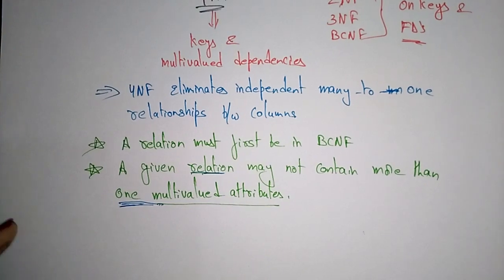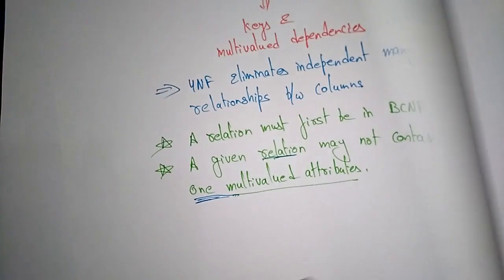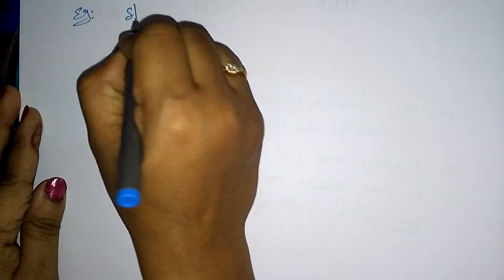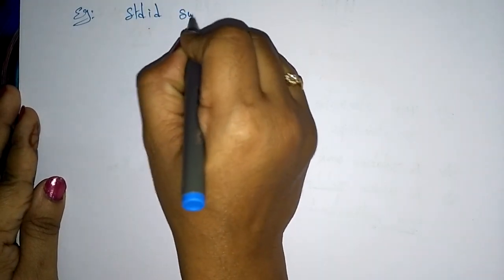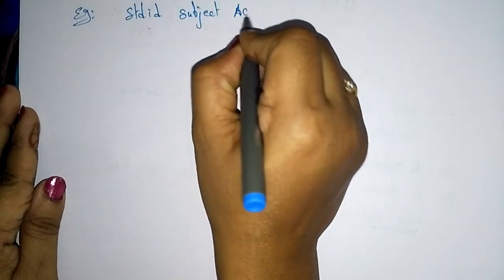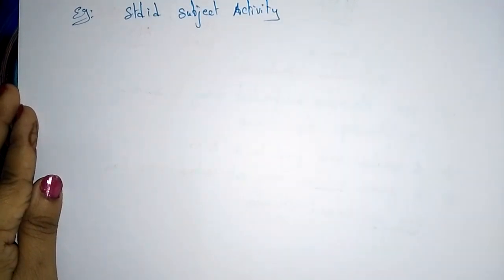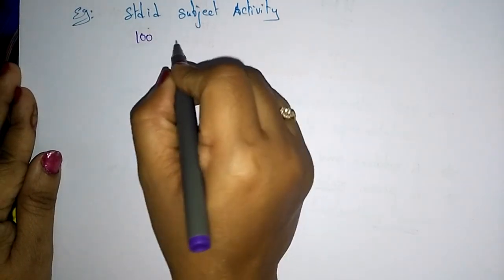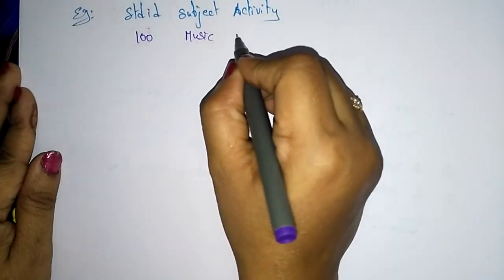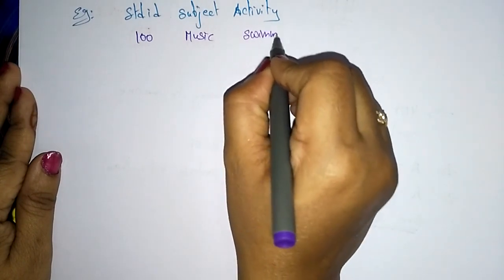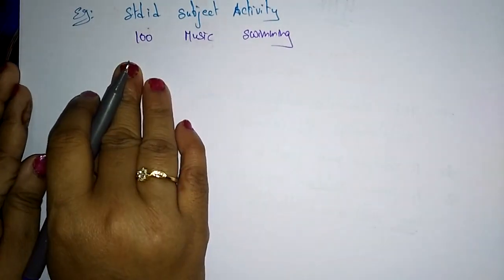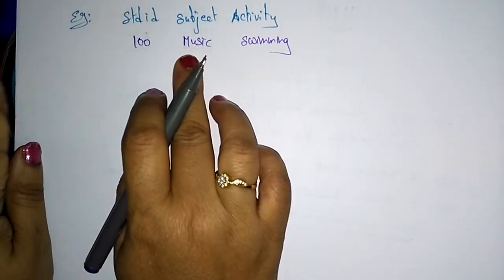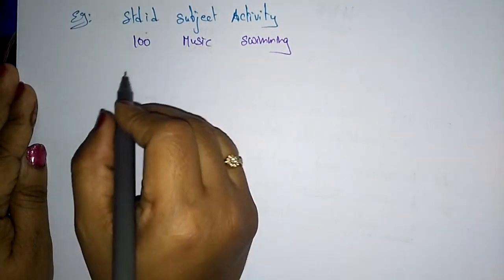Let me take an example, then you will understand what multi-valued attributes are. Let me take one table with student ID, subject and activity. This is a table which is not in 4NF. Student ID 100 has the subject music and the activity swimming.